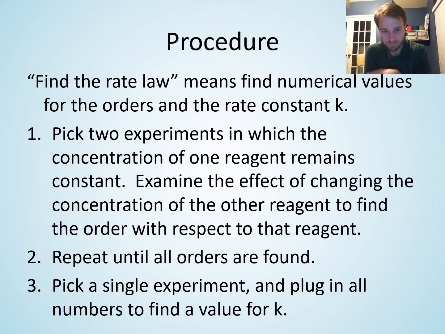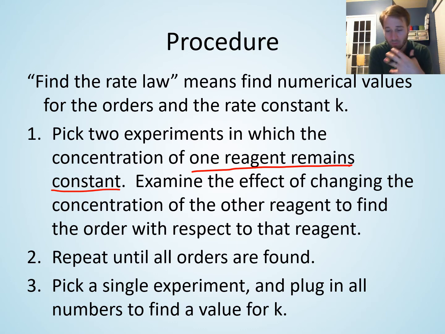Again, what we'll do is pick two experiments where we want the concentration of only one thing changing and the other stuff remaining constant, okay? And we do that in order to determine how the rate changes with the change of concentration of just one thing.